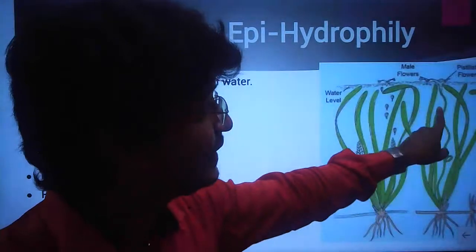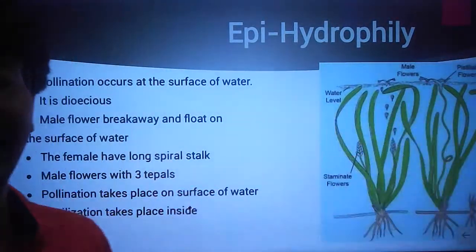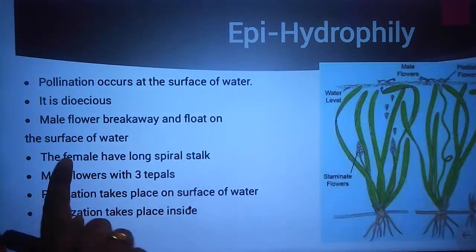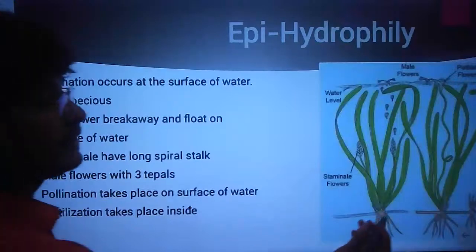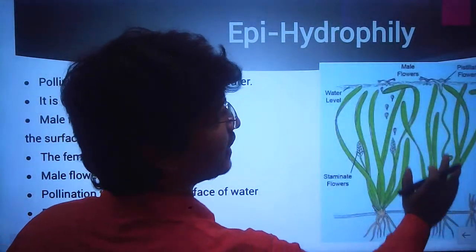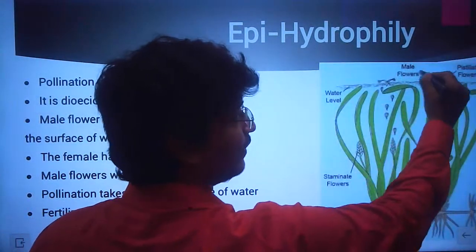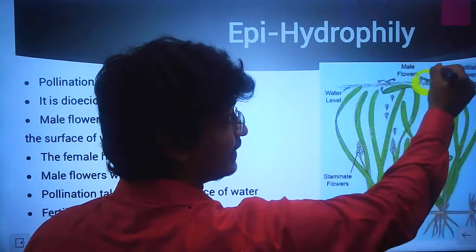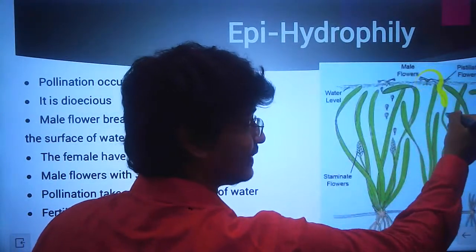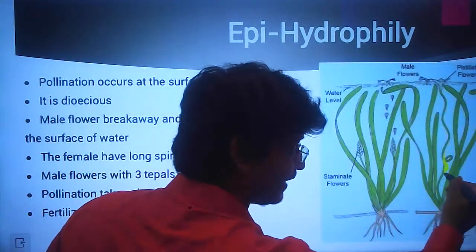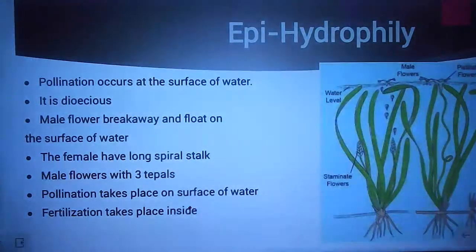So this point you should remember: epihydrophily, where the pollination took place on the surface of the water, and the fertilization takes place inside the water. Here you could see in Vallisneria, the female, the pistillate flower, has a stalk-like, coil-like structure, which helps the female flower go up and collect the male flower, and once it collects, it comes back to its own position where the fertilization takes place inside the water.